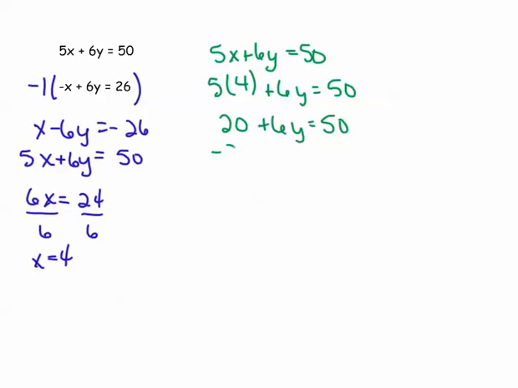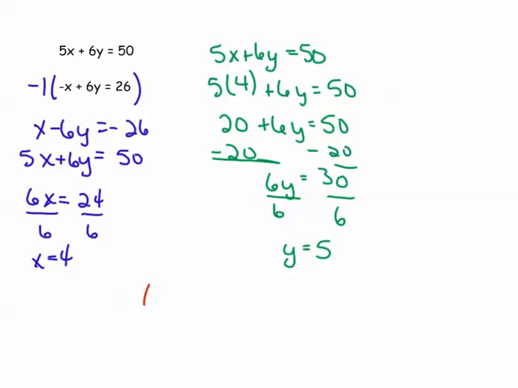We're going to subtract that 20 from both sides. And we have 6y equals 30. Notice we're using the same processes that we've used all along. And we get y equals 5. So our solution to the system is going to be 4, 5.